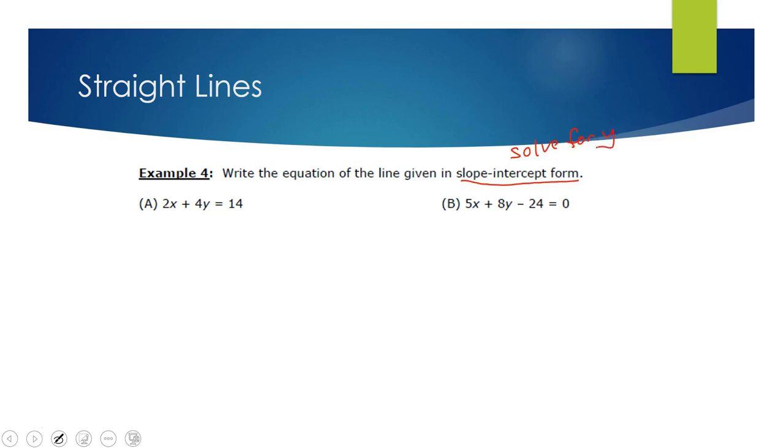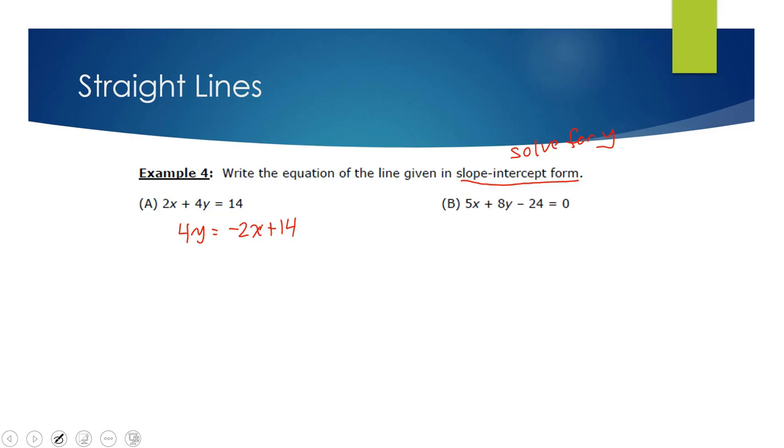Meaning get y alone. So on the left, I'm going to subtract 2x from both sides to get 4y equals negative 2x plus 14. I'm choosing to write it that way because when I write the equation of a line in slope-intercept form, it usually starts with some number times x. So I want x in the first position. And I'm going to divide both sides by 4.